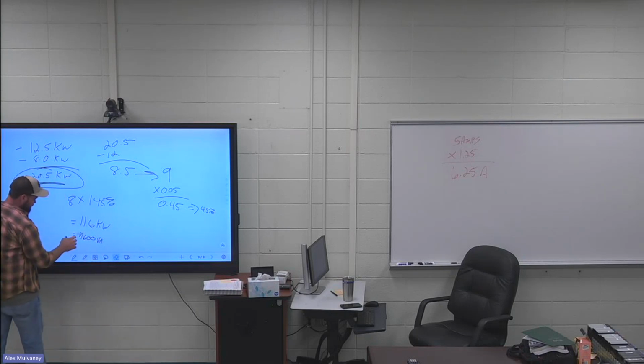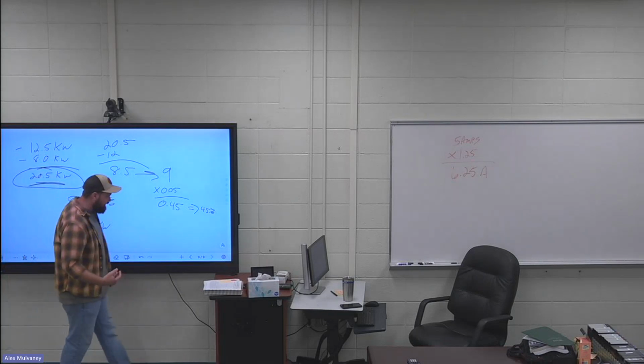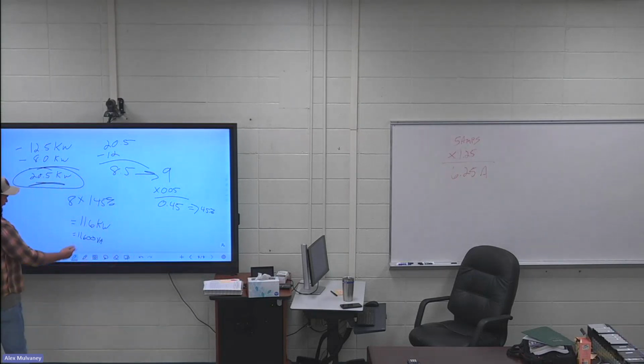So those are the same, 11,600 volt amps. Now the question it's asking is wanting amps. So how do we get amps out of volt amps? Divide by my voltage. What's my voltage? 240. What's 11.6 divided by 240? 48.33.